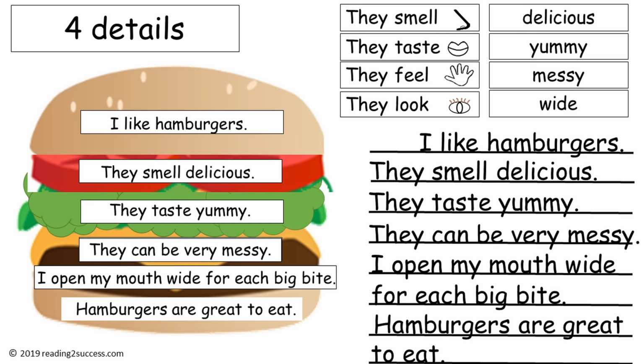So let's read the entire paragraph. I like hamburgers. They smell delicious. They taste yummy. They can be very messy. I open my mouth wide for each big bite. Hamburgers are great to eat.